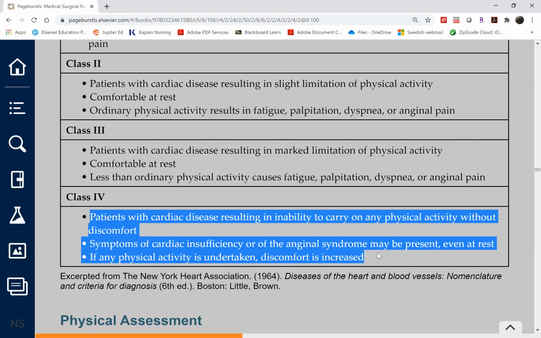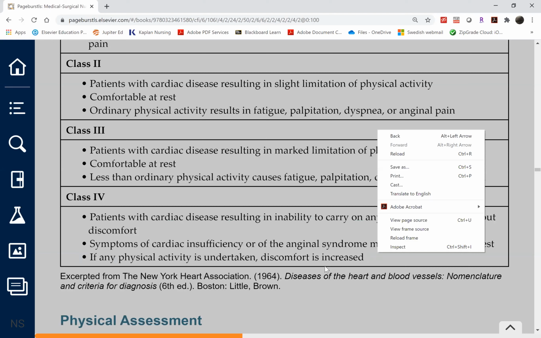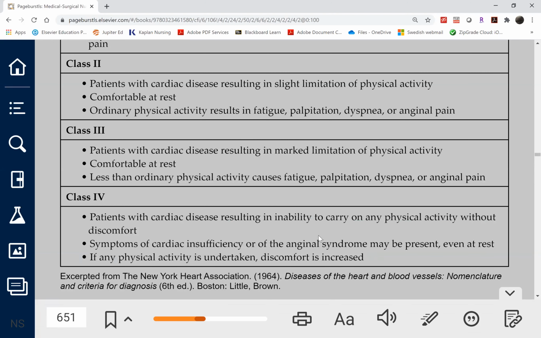So when you say class 4, these are people waiting for a heart transplant now. These guys are not just bed bound, but homebound. They can't get out of the house. I mean, you can take them out, but you have to carry them out in the stretcher or with the oxygen, right?